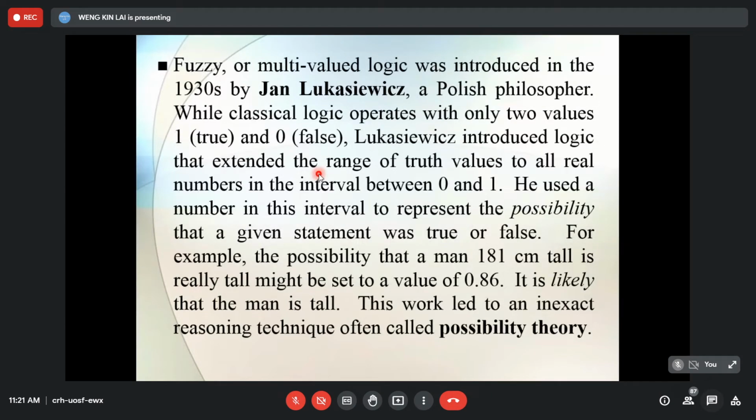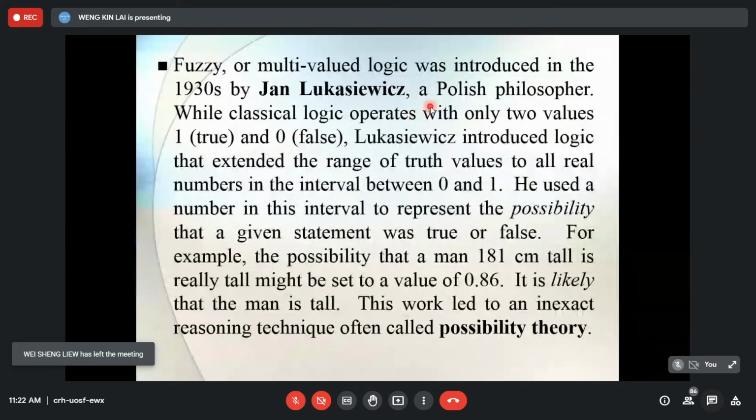So you can say it has as long a history as probability theory, by this Polish philosopher. Now, while classical logic operates with only two values, which is Boolean, true or false, again the criticism is that it's drawing an arbitrary line in the sand.